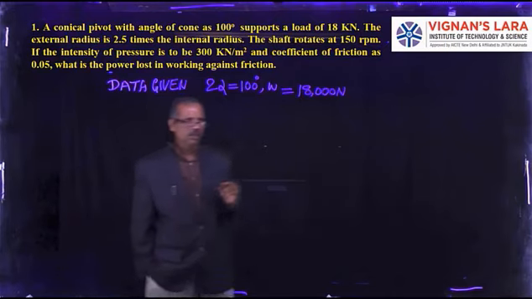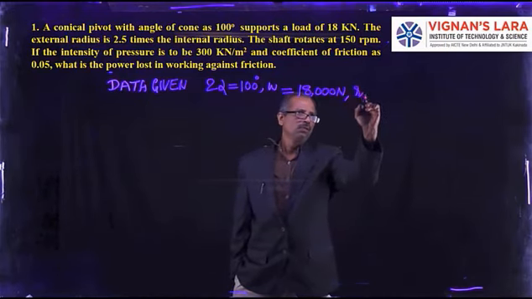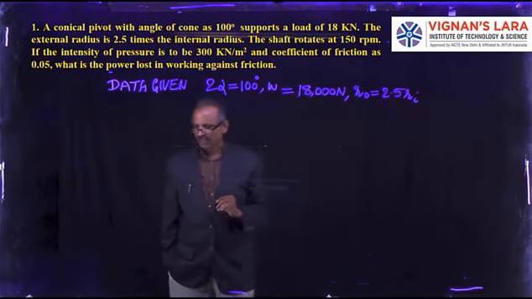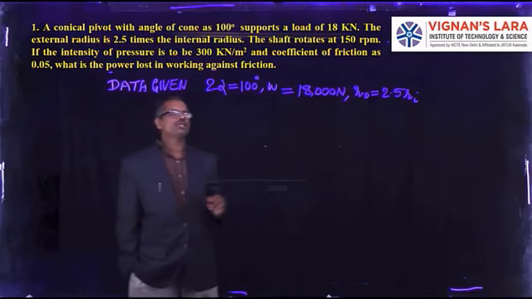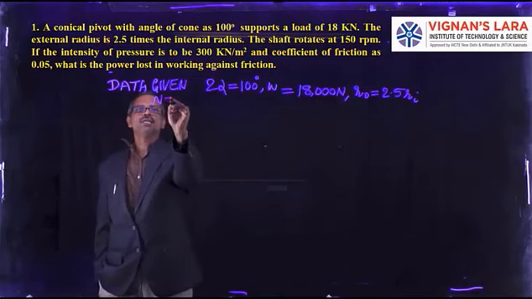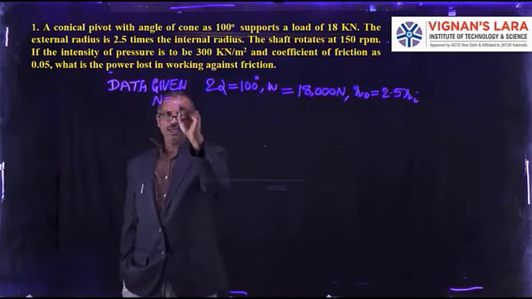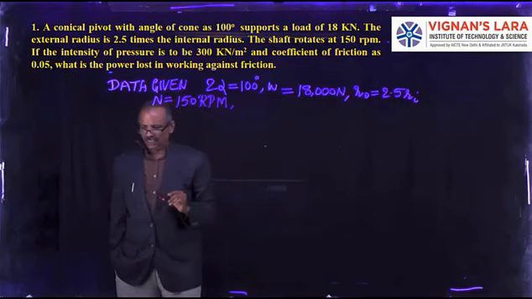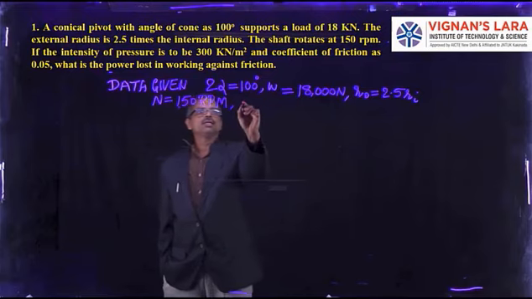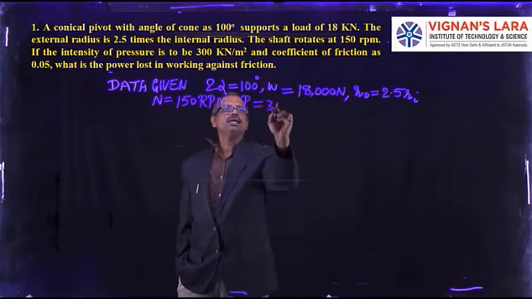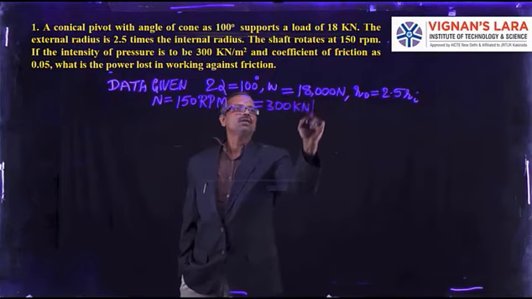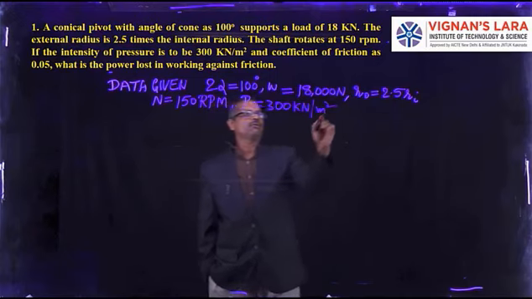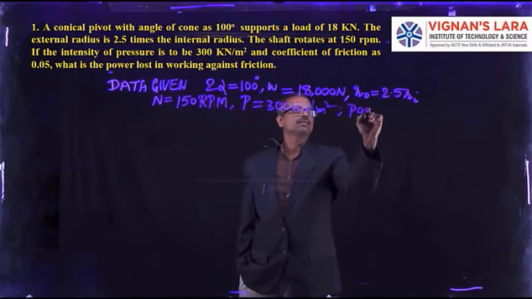External radius R0 is 2.5 times Ri. Then what is the speed of the shaft? N, speed of the shaft, is 150 rpm. Then the intensity of the pressure, P, is given as 300 kilonewtons per meter square. And what you are supposed to find out is the power lost.